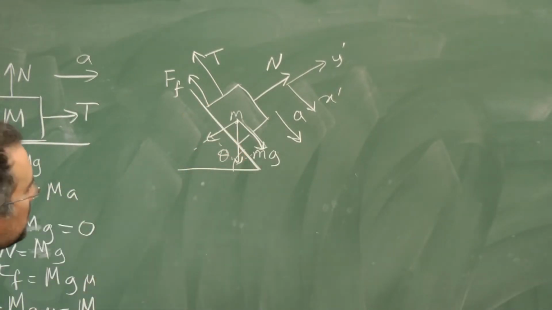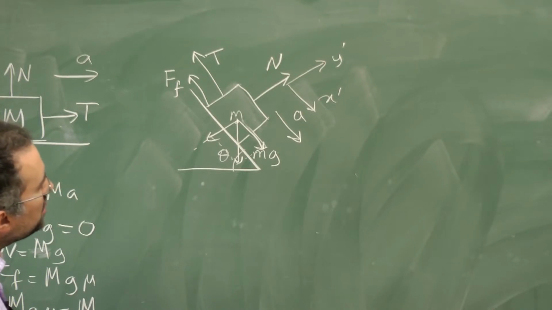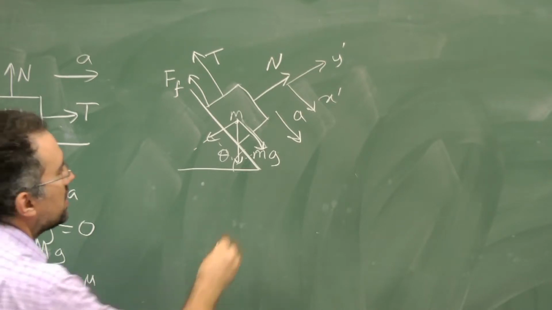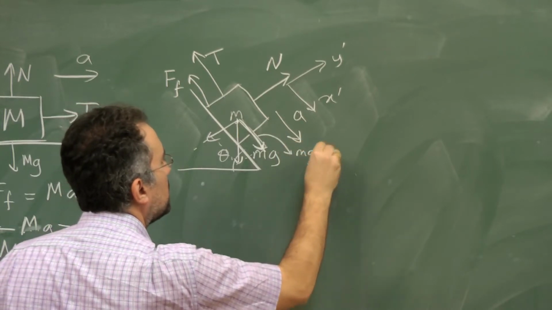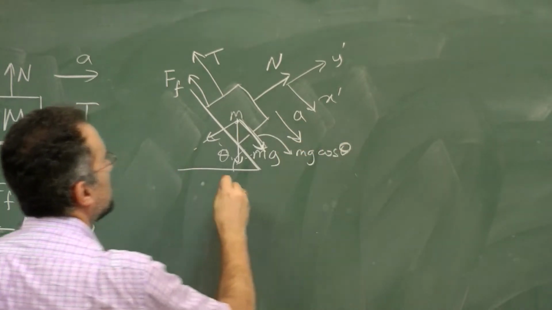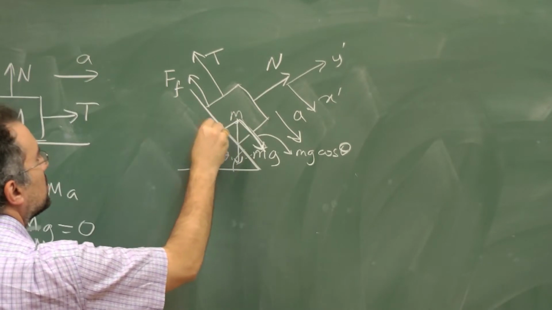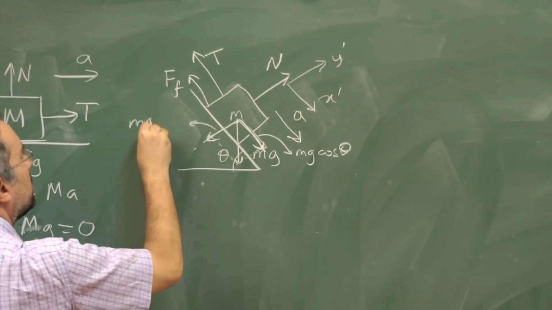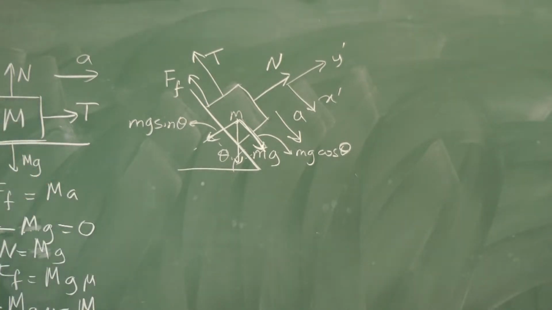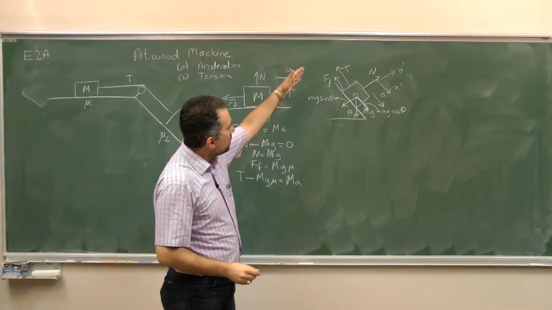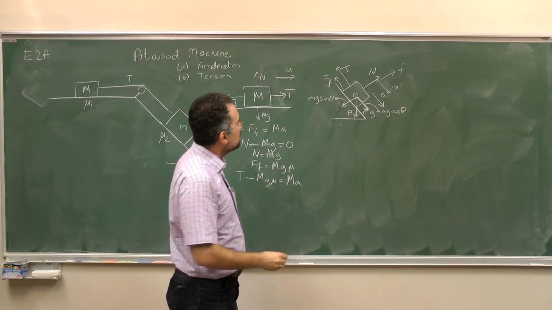So this one is going to be what? mg cosine theta. And in this direction, this one is going to be mg sine theta. I didn't mix them up, did I? No, good. OK, so I'm ready to write my equation in that direction.